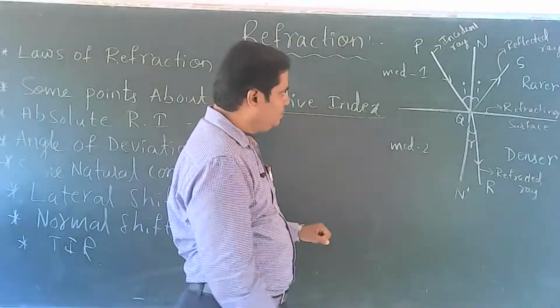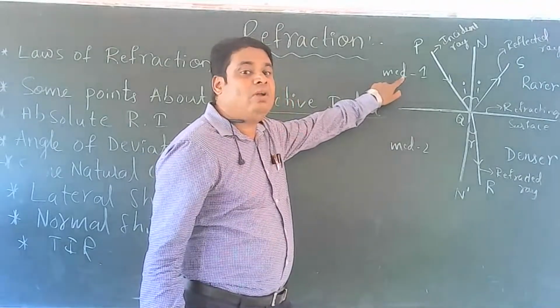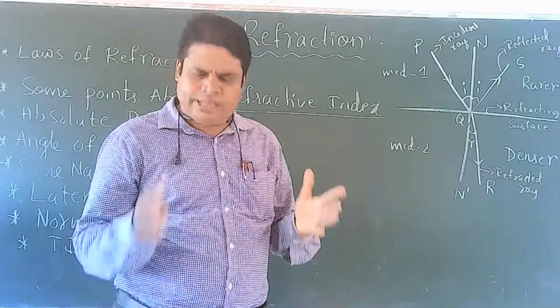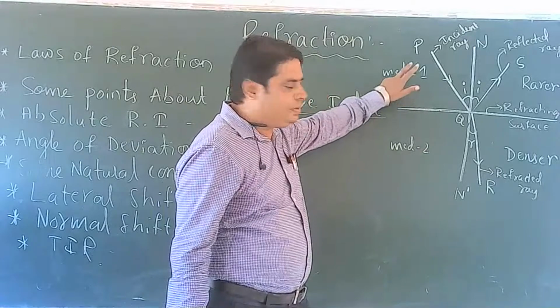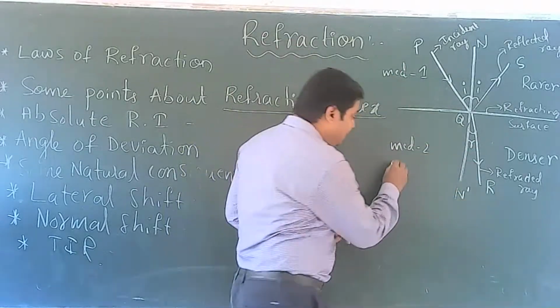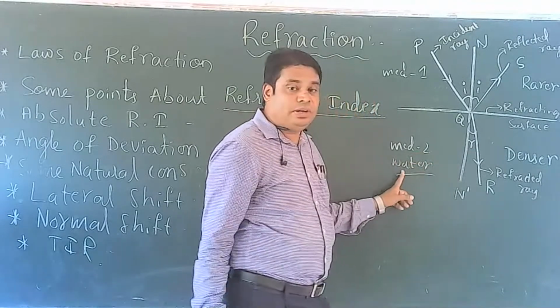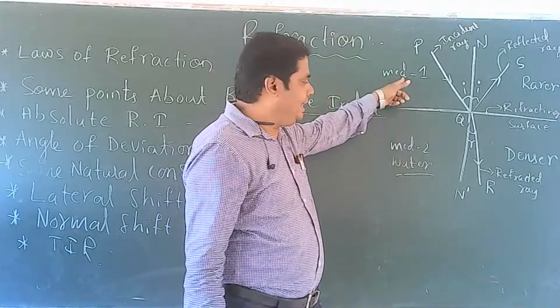Now, this is rarer medium, say air or vacuum. We usually consider it as a rarer medium. A ray of light is traveling from air to water. Here, water is optically more dense than air.